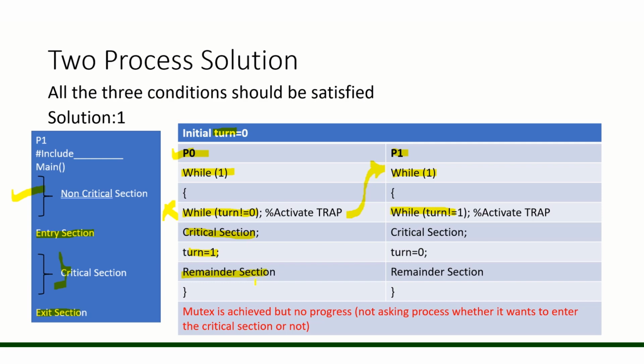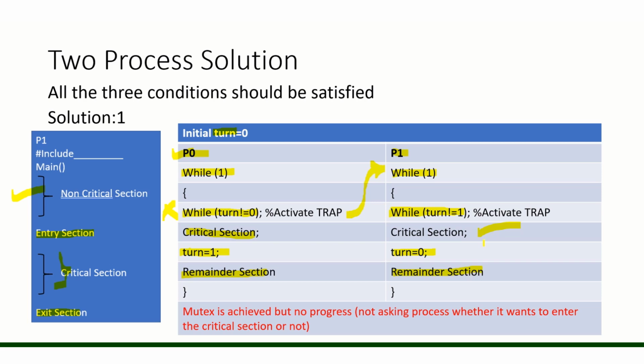Now, if P1 starts executing after this, the while condition will be false at turn equal to 1. Why will it be false? Because turn is equal to 1 now. Hence, P1 will enter the critical section, and after completing it, P1 will make turn equal to 0 and execute the remainder section.